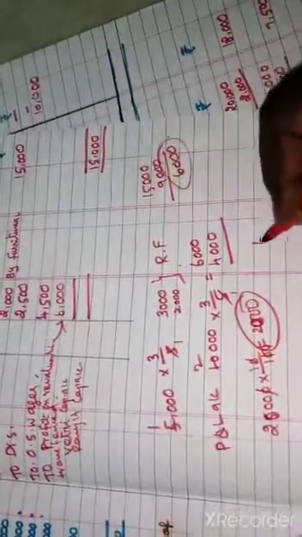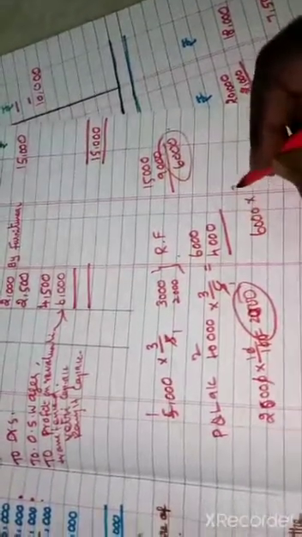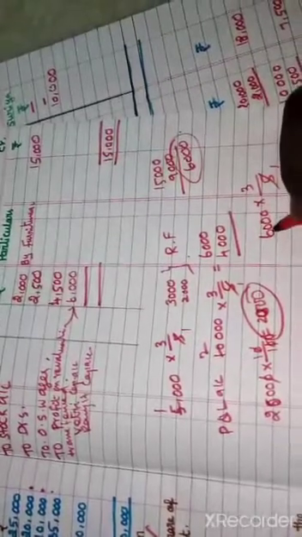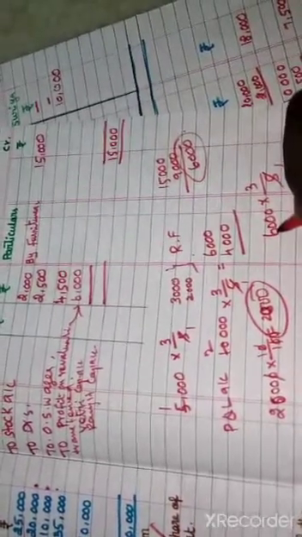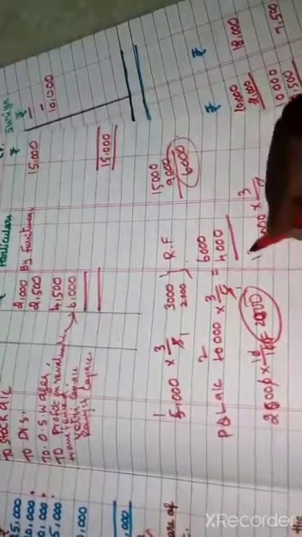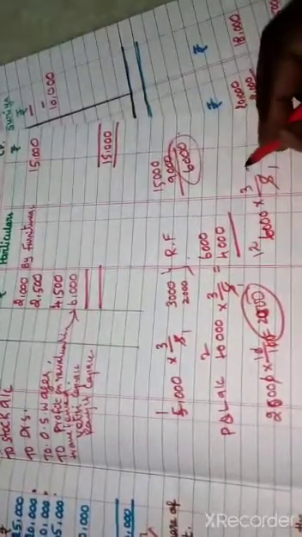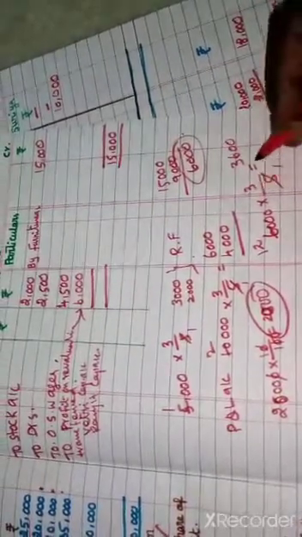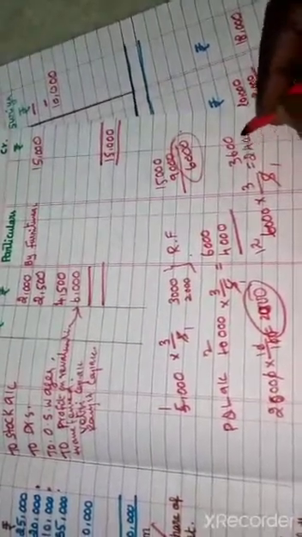So 6,000 into 3 by 5, 12 5s are 60, 3,600 for the first partner, and then 2,400 for the second partner.